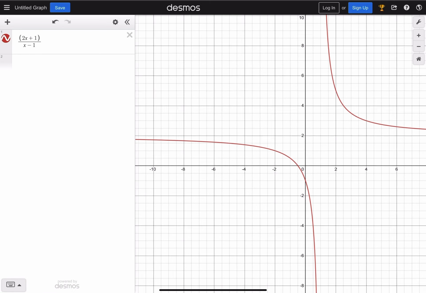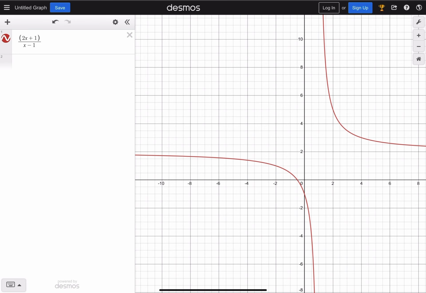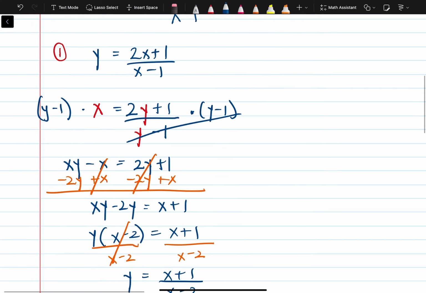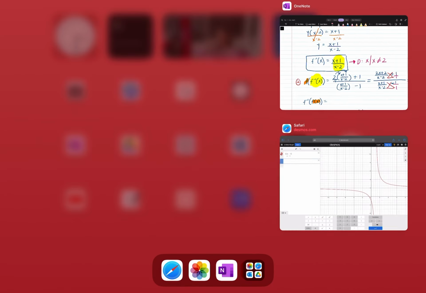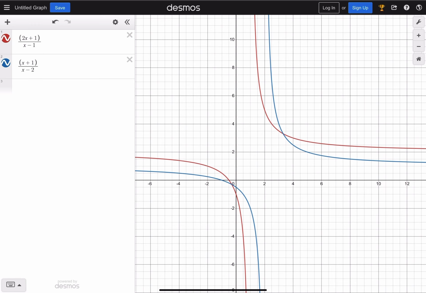We know that it is a rational equation, so if you remember your parent functions, we should expect it to look like this. Now let me go ahead and graph the inverse that we got. The inverse which we got was (x + 1) over (x - 2). So that's what we see in blue.